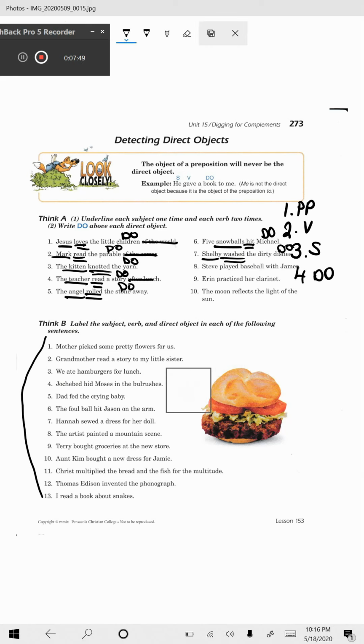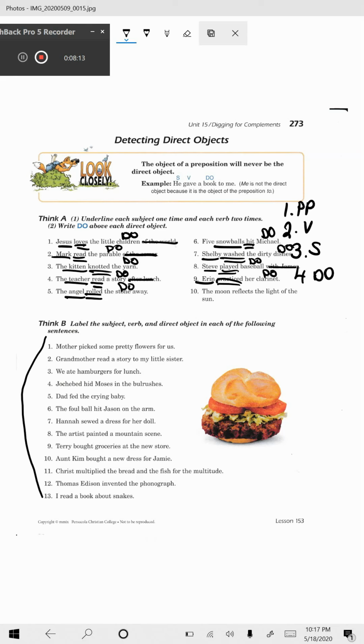Steve played baseball with James. Get rid of with James. Played is the verb. Subject is Steve. Baseball is the direct object. Erin practiced her clarinet. No prepositional phrase, so I do the verb. Whoops. Subject and direct object.